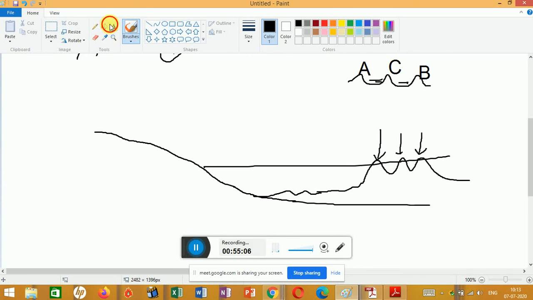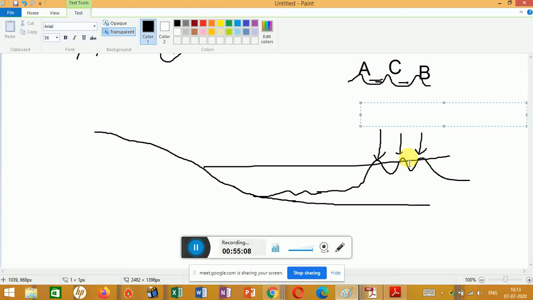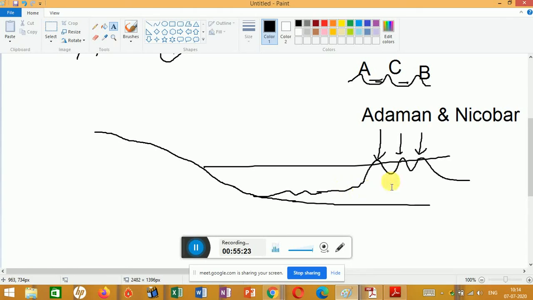So this is what we call the Andaman and Nicobar group of islands. In this way, the Andaman Nicobar Islands originated.